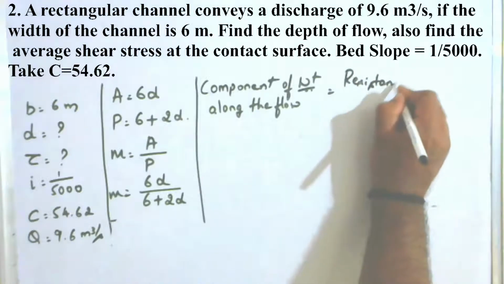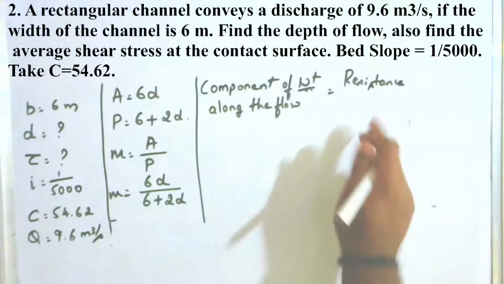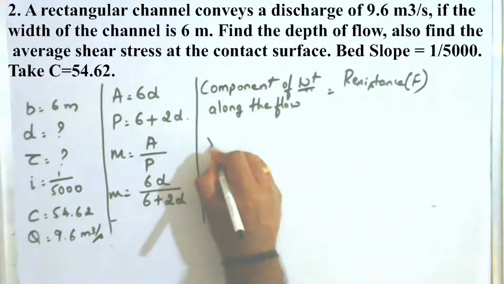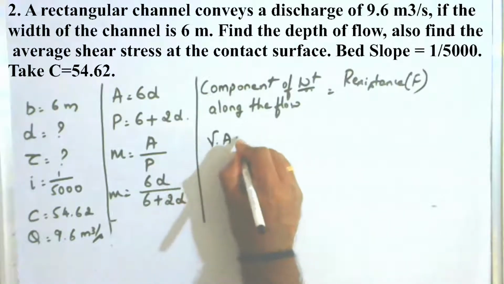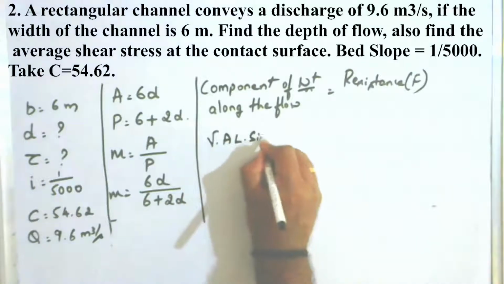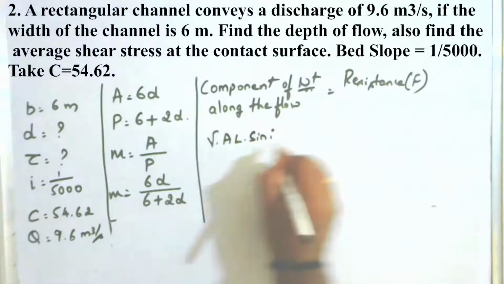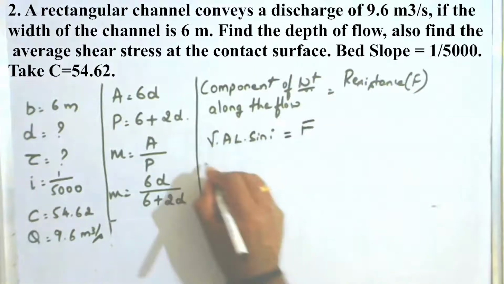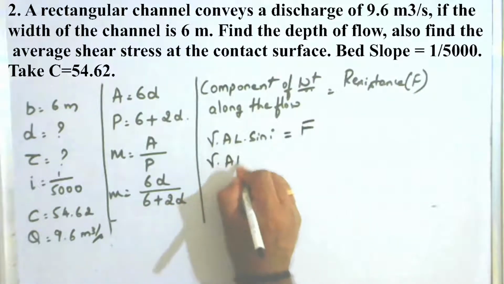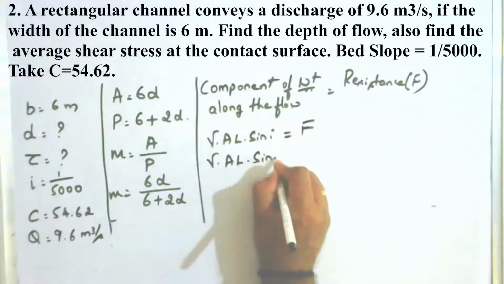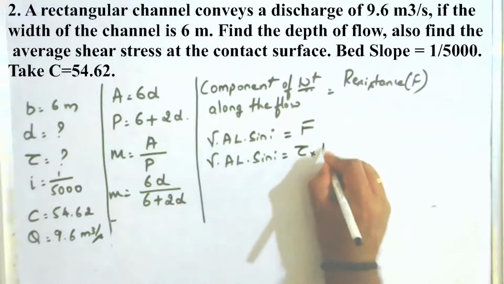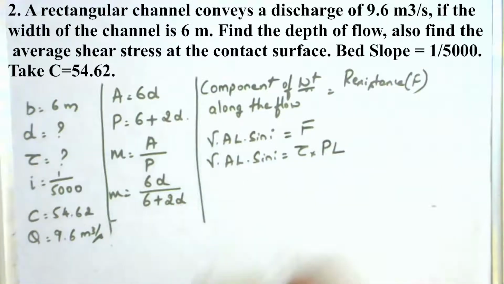Resistance I have taken as F. The component, as in Chezy's equation, is gamma AL into sine I, which I explained while deriving the equation, and it is equal to F. The frictional resistance is given by shear stress multiplied by wetted perimeter P into the length of the channel, L.